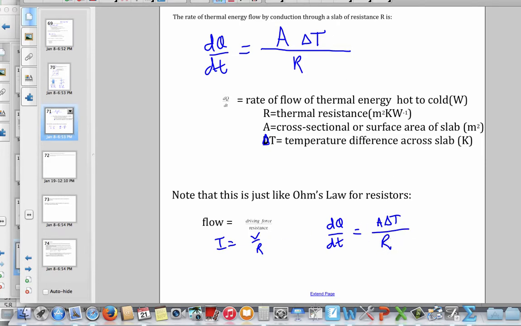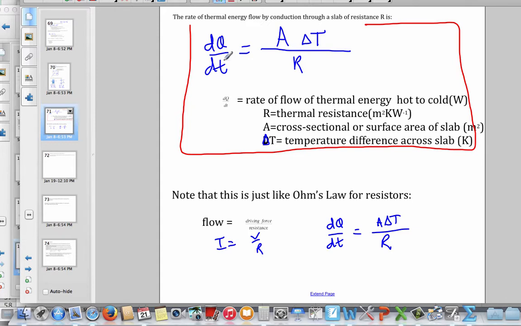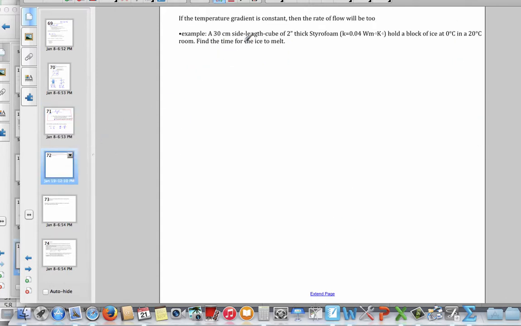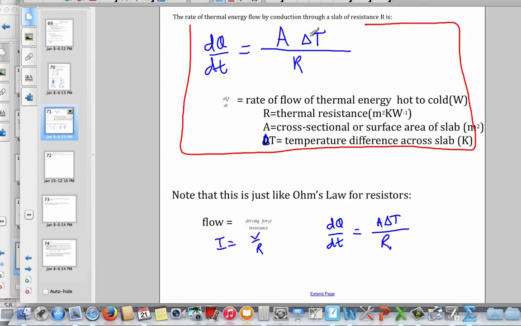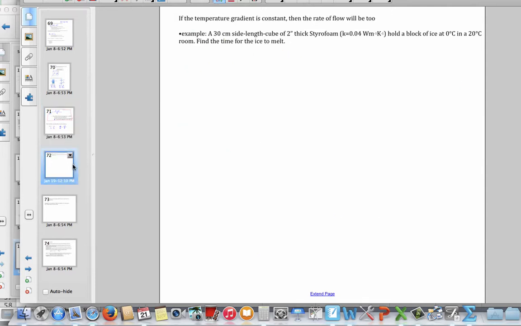So there's a lot of similarities there, and that's a helpful analogy for us to keep in mind. So this is Fourier's law of conduction. We'll apply it now to a couple of simple examples. It's easiest if the temperature change is constant. If the ΔT is a constant quantity, then this is going to integrate very easily.